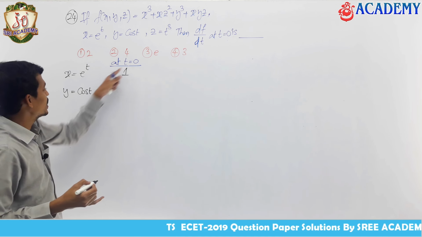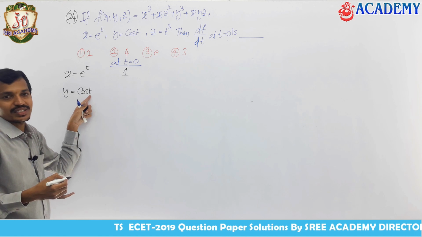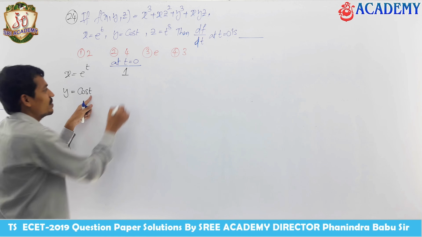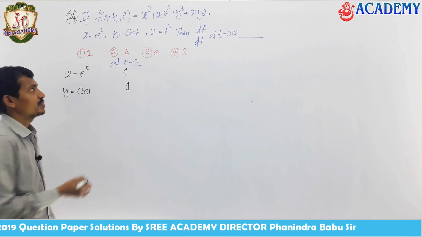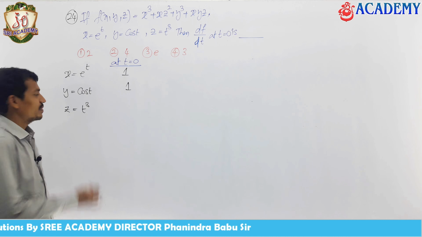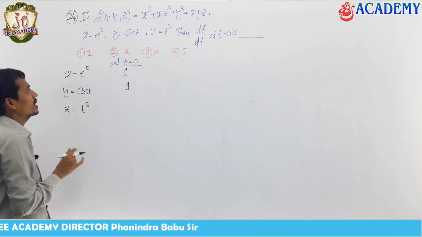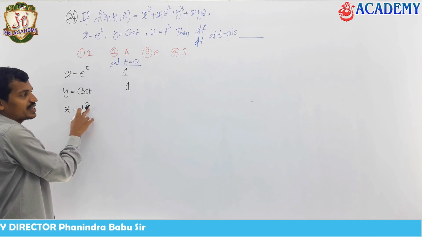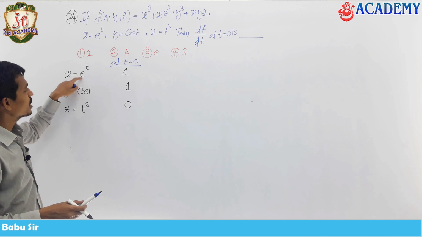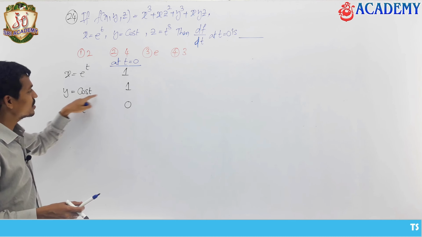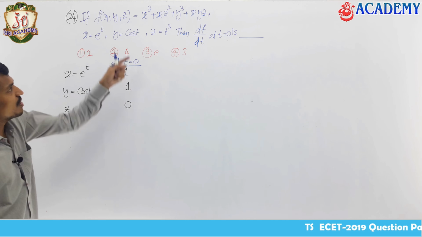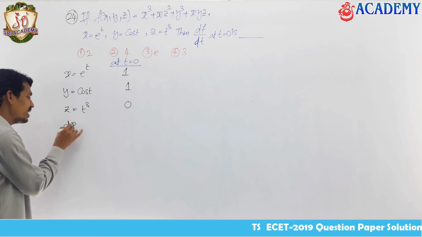Substituting t equal to 0, cos 0 is 1. z equals t cube. Substituting t equal to 0, 0 cubed is 0. That is, x equals e power t, e power 0 is 1, cos 0 is 1, 0 cube is 0. Now I am finding dx by dt.